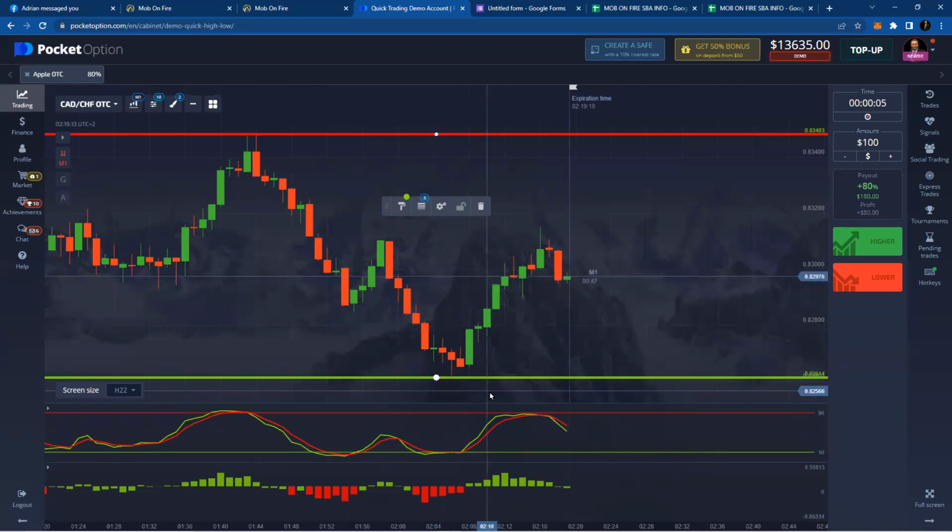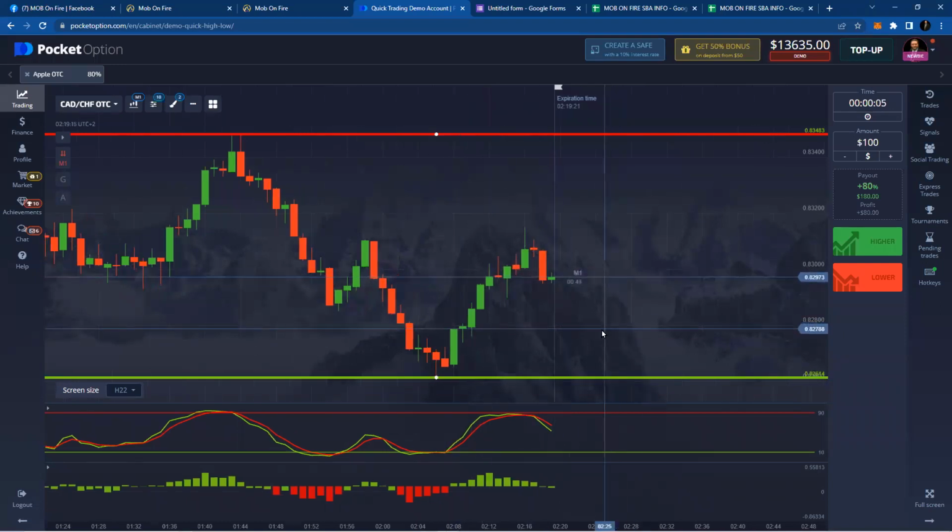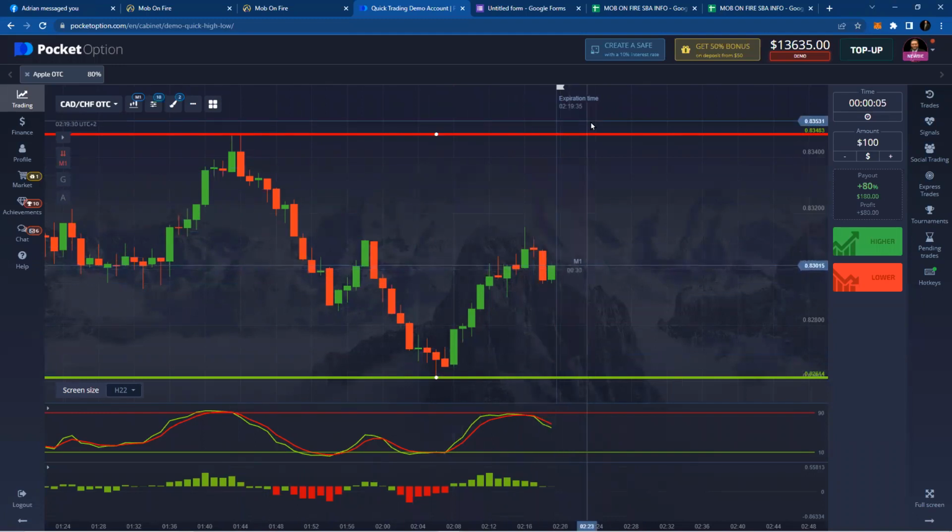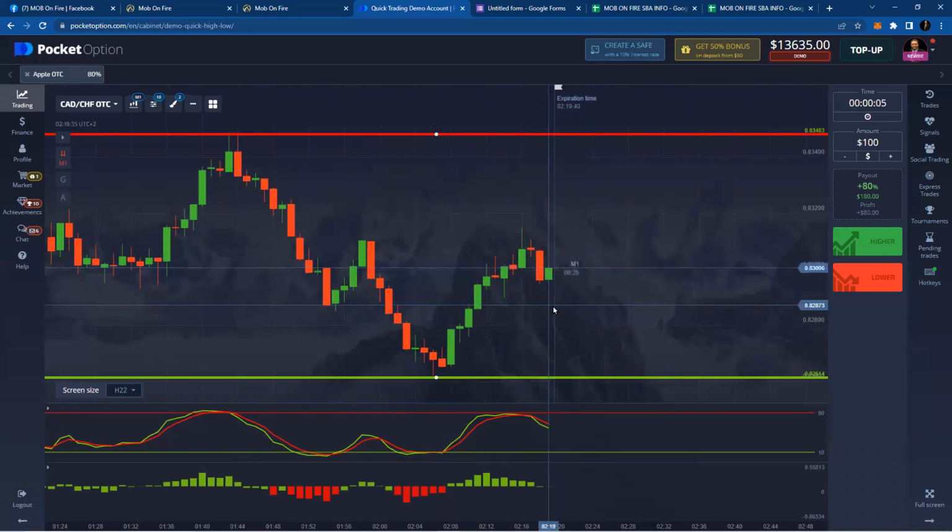And basically what any pair is going to be doing, it is going to be going up and down between those lines. It's going to go to this resistance level, bounce off of it, come down, go to the support level, bounce off of it, and come up. All day long. That's what's going to be going on. And now that you know what you're looking for, you can identify the different opportunities. Okay? And I'm going to show you how to do that.